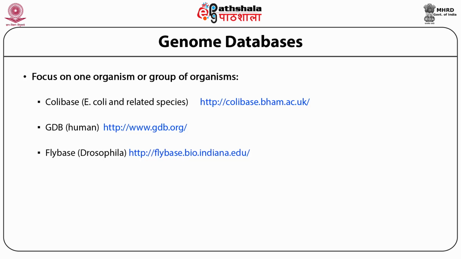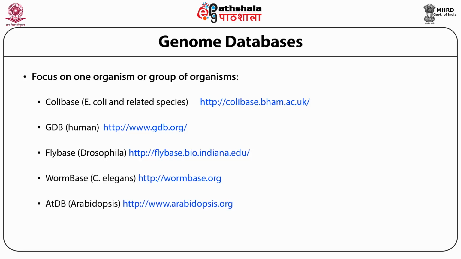Then FlyBase contains the data sets of the Drosophila genomes, and WormBase contains information about the C. elegans genome. ATDB has information about Arabidopsis thaliana, and SGD has the genomic information about Saccharomyces cerevisiae. These are specialized databases with genomic information about a particular organism.